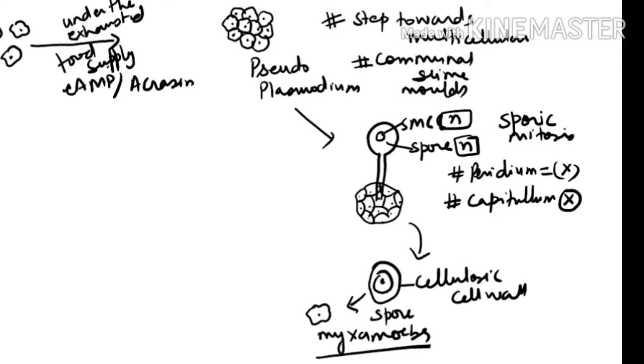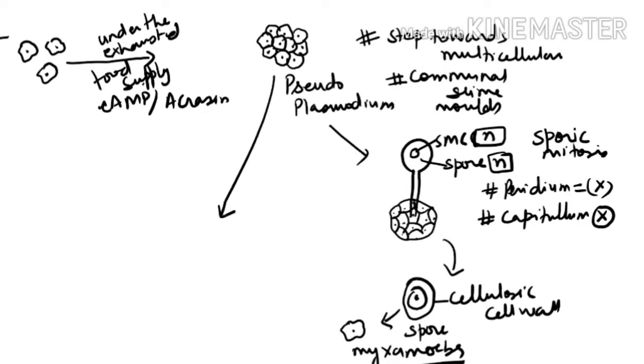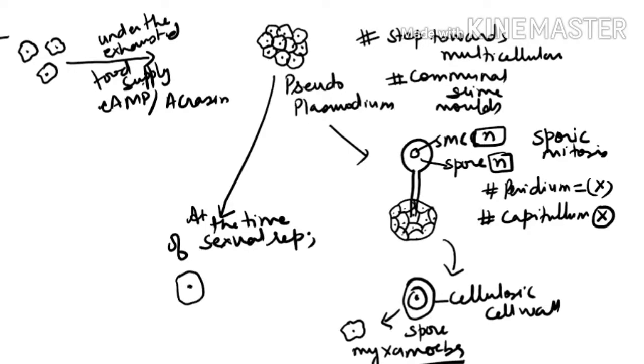Now, if they have to do sexual reproduction, then you can see here, check the board carefully. At the time of sexual reproduction, the central myxamoeba will start engulfing the neighbor one, and it will become big in size. This one myxamoeba is big in size, and it will mate with the one small myxamoeba.